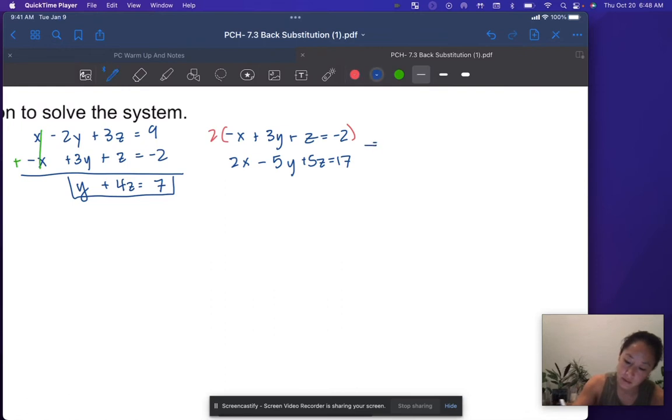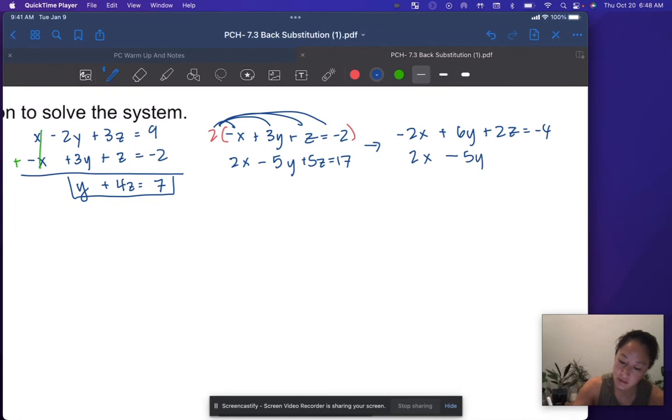That leaves me with negative 2x plus 6y plus 2z is equal to, because I'm distributing, negative 4. And then the bottom equation, I didn't have to multiply by anything, so I'm just technically multiplying by 1.